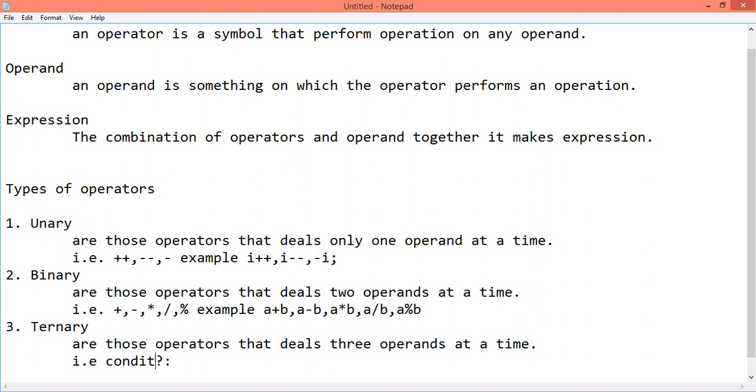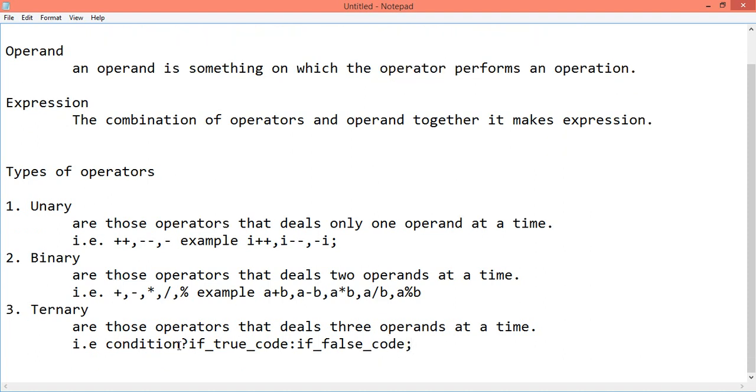Here you write the condition, and after the question mark you write the code if true, and then the code if false. What happens when you write the ternary operator is that it works like the if else condition. You put your condition here, and if the condition is true, this code will be executed, and if the condition is false, then this code will be executed. So this is what the ternary operator is. I hope it is clear to everyone.